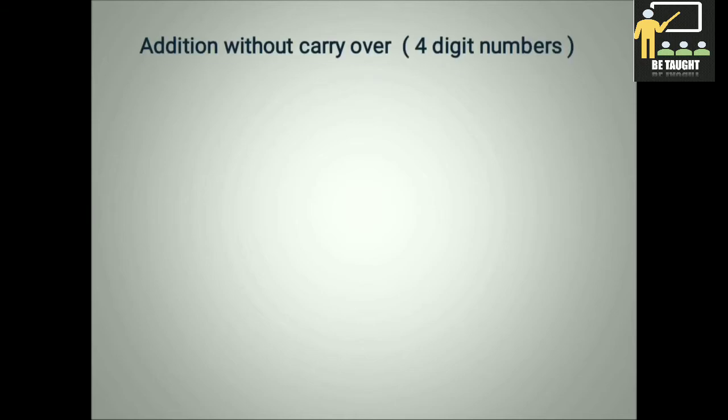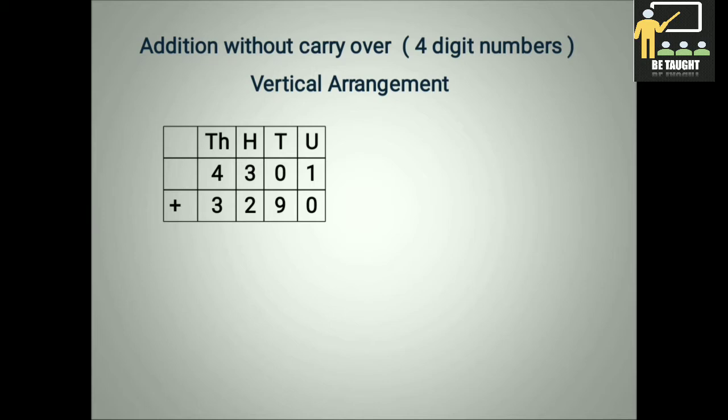Addition without carry over of 4-digit numbers in the vertical arrangement. 4301 plus 3290. Again we start from the units place. 1 plus 0 is equal to 1.